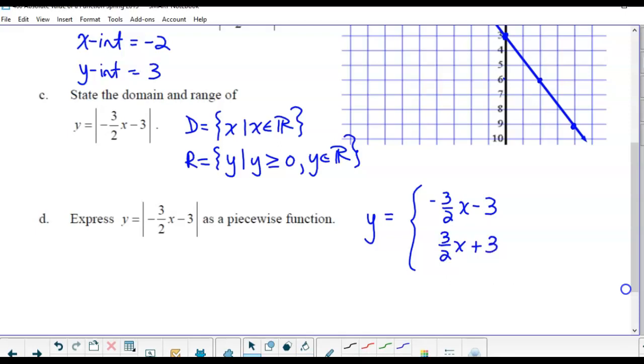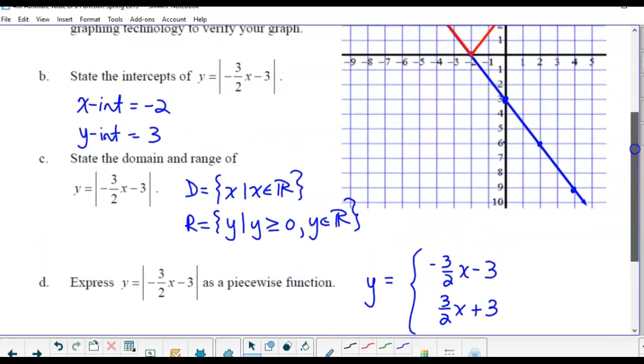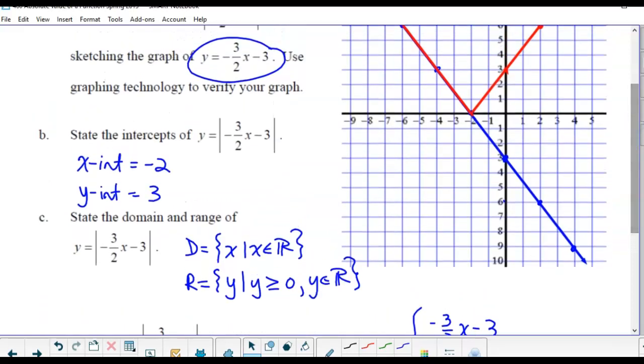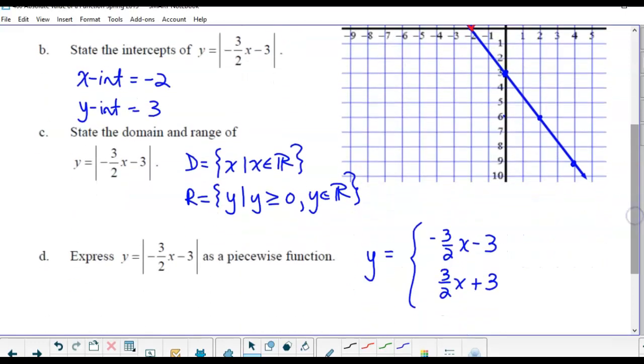As I said, I'm okay if you actually don't simplify the negatives. Those are your two pieces. They're not defined for all x. There's that graph of that function, that whole blue line. We only want the red part. So that's for x less than or equal to -2.